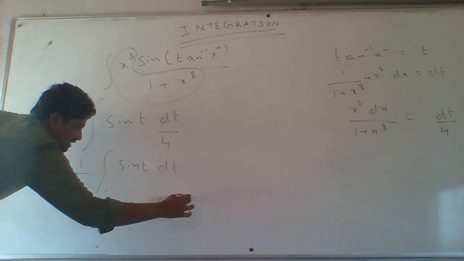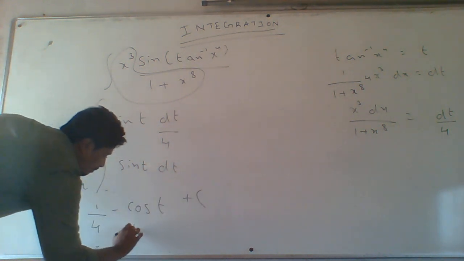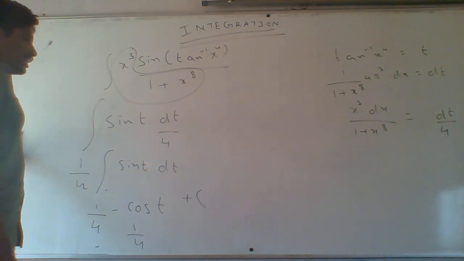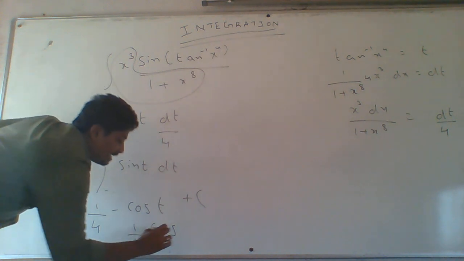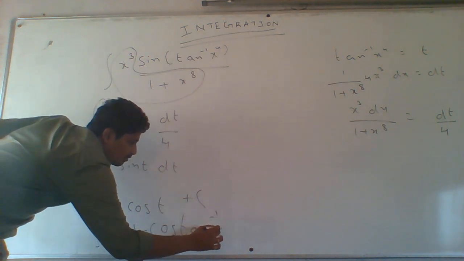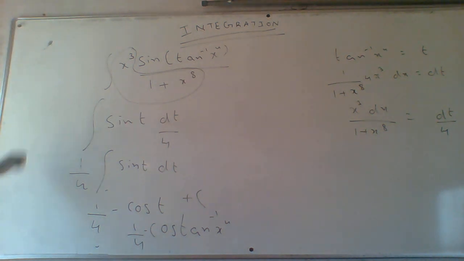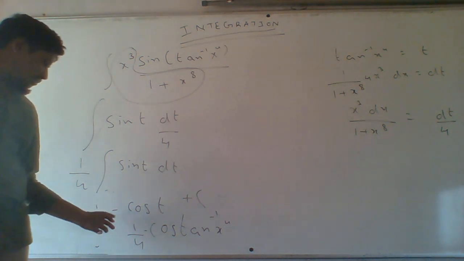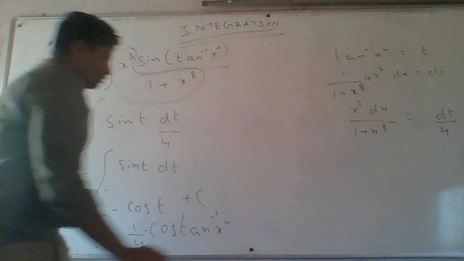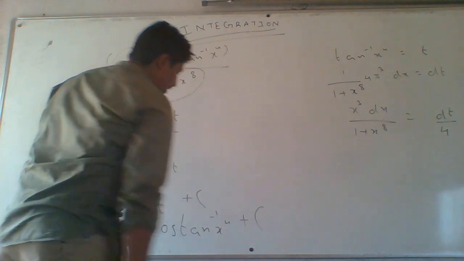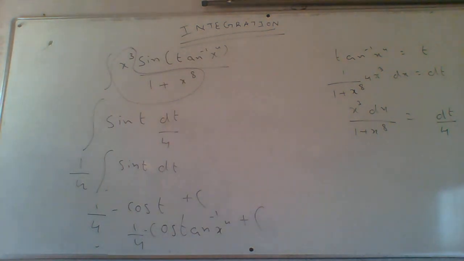So it is 1 by 4 into minus cos t, and in the place of t you have to put tan inverse x power 4. 1 by 4 into minus cos tan inverse x power 4, plus c. See the steps carefully.